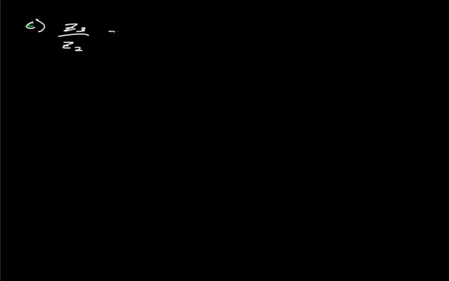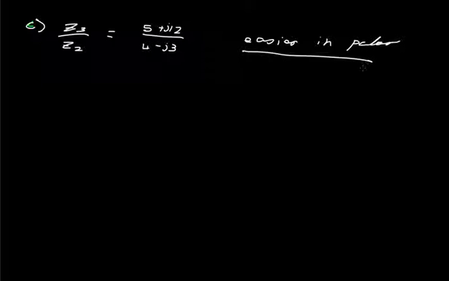Z3 over Z2 is equal to 5 plus j12 over 4 minus j3. Now, once again, this would be easier in polar form. So let me just check in the rest of the exercise if there's more options.